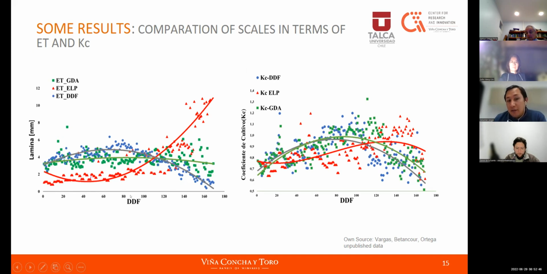This is the way we can model KC over time using these different scales. We want to see which scale has the best accuracy over time, and see if we can build KC curves under ELP, DAF or GDD.